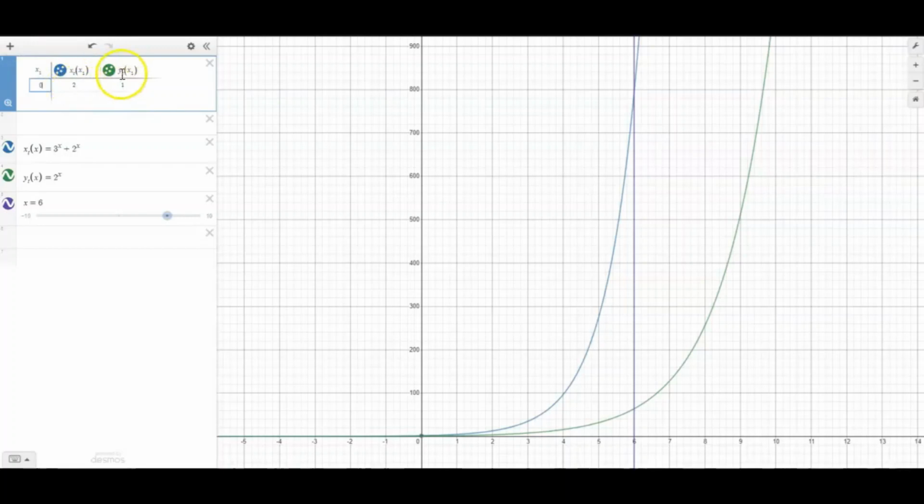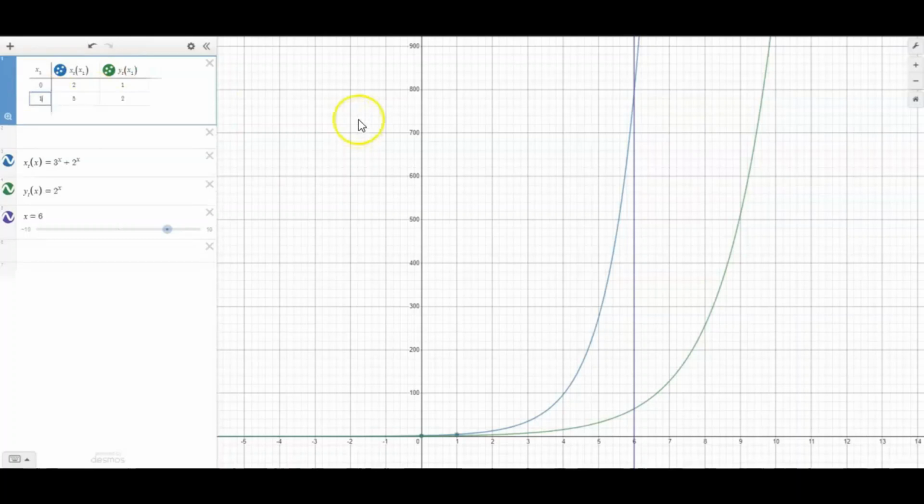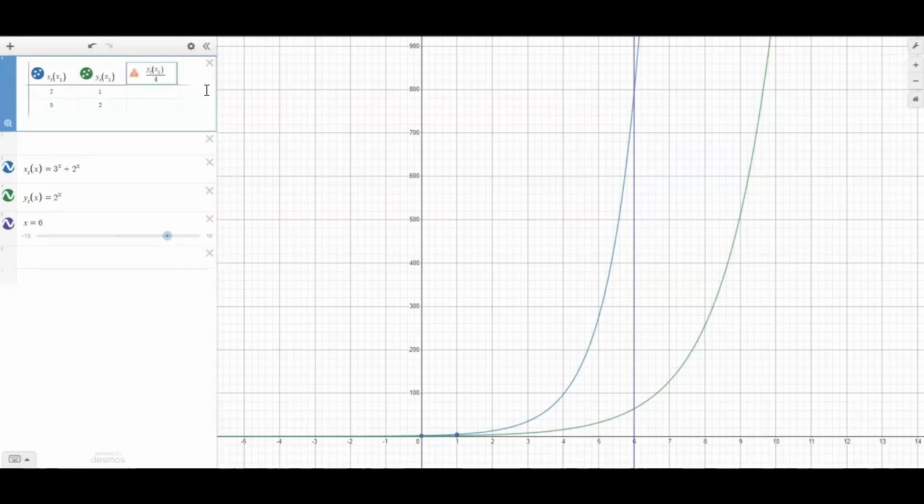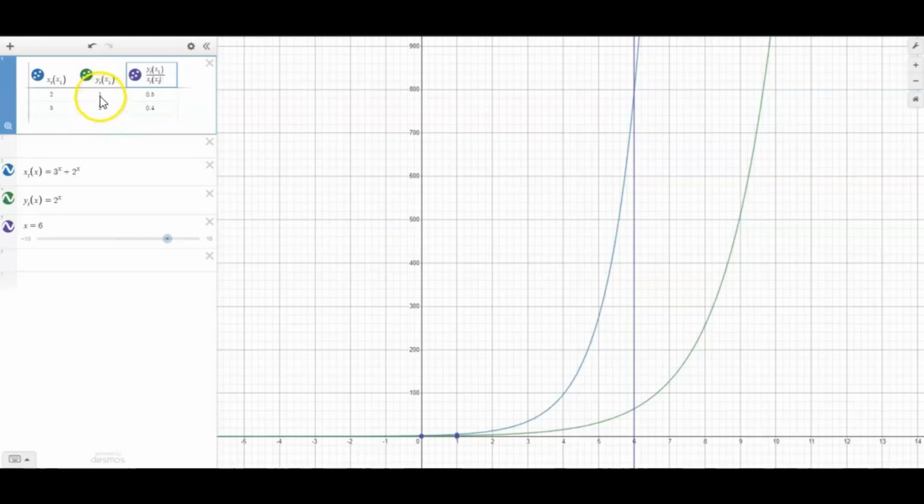Our x value was 2, our y value was 1. Now when x becomes 1, so that's 1 multiplication by a, my x component becomes 5 and my y component becomes 2. Over here I'll look at the ratio of y sub t of x1 divided by x sub t of x1. 1 to 2 is a 1/2 ratio, 2 to 5 is a 0.4 ratio.